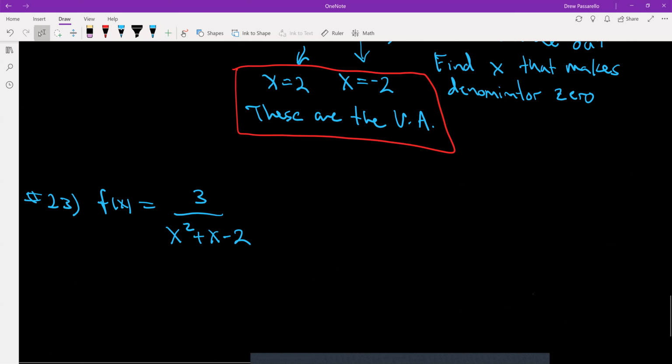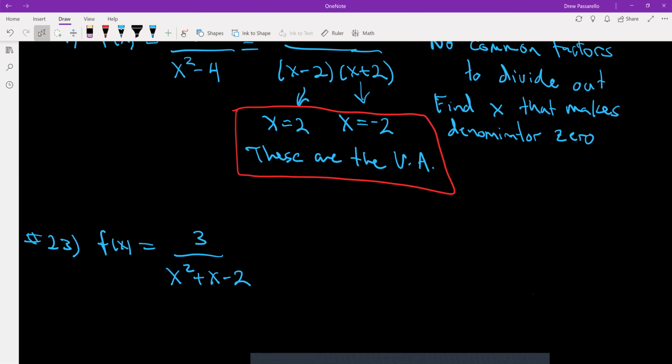So factoring the denominator, I find a pair of factors of negative 2 that sum up to give me 1, because 1 is the coefficient of the middle term. So I know it's going to be x and x for x squared.